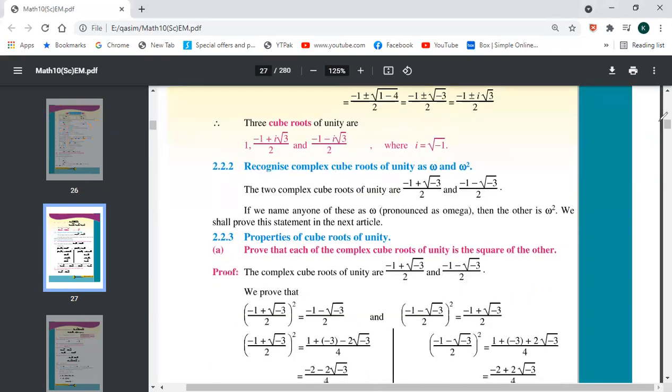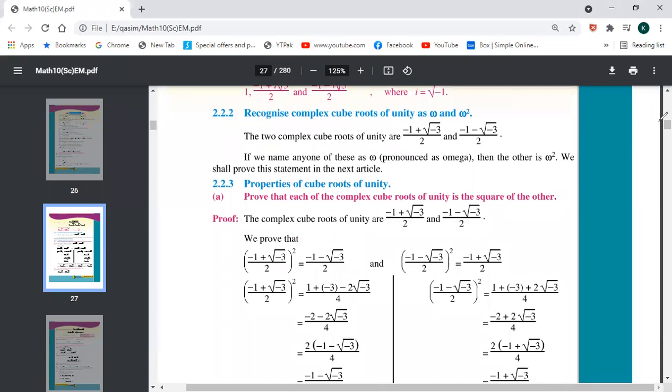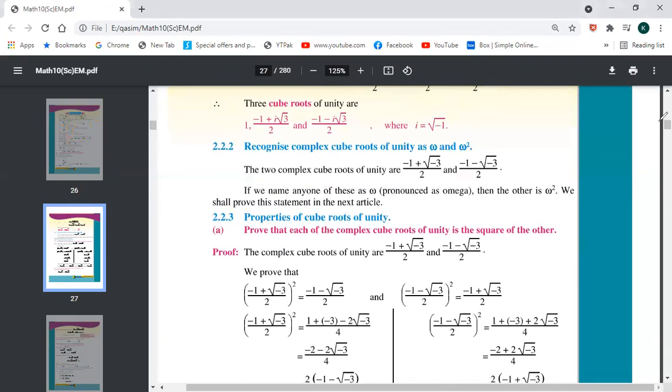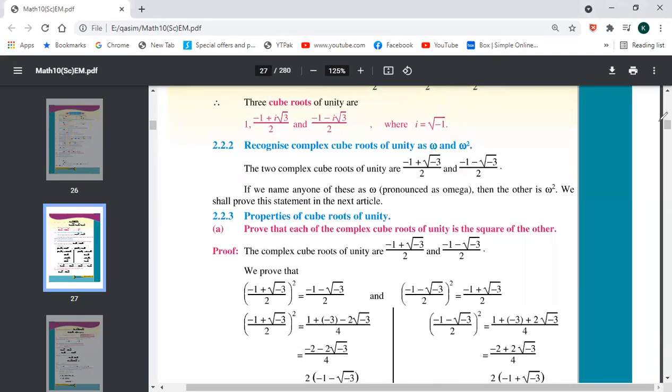Now the properties of the cube roots. There are properties of the cube roots with respect to the roots. We know that there are basically three roots. First, understanding again that the first root is 1, the second root is minus 1 plus iota root 3 upon 2.